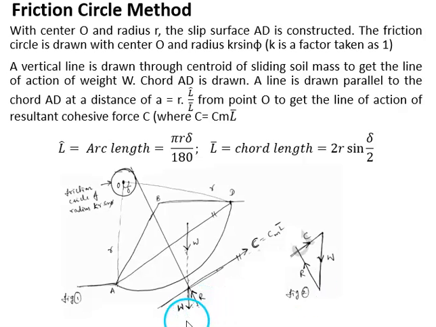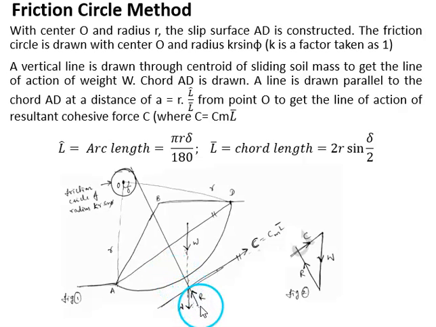Then we have to get the intersection point of this total weight and total cohesive force, and from that intersection point we have to draw a tangent to this friction circle.